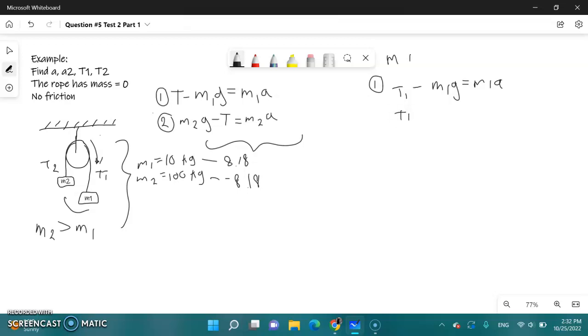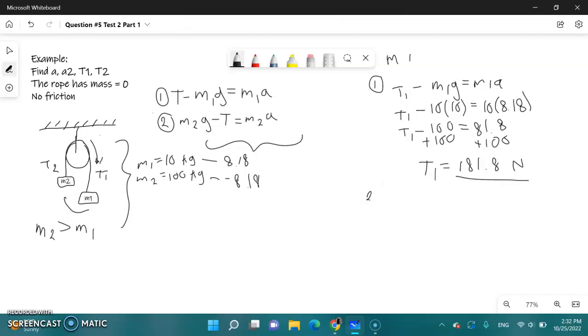And then T1 minus the mass, which is 10, times gravity, which is 10, equals the mass again, 10, times the 8.18. This is going to leave us with T1 minus 100 equals 81.8. And once we add 100 on both sides, we will know that T1, or the tension pulling on mass 1, is going to be 181.8 newtons.